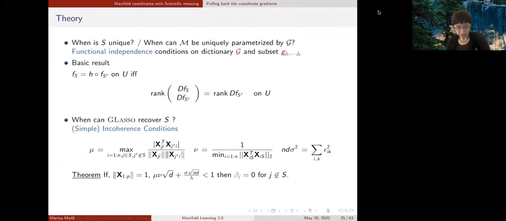What is not similar is that we can't assume that the columns of the vectors x are unitary. And I can explain why. Our incoherence quantities are meant to work with columns of x of arbitrary norm, and we can derive very simple recovery conditions in this case.